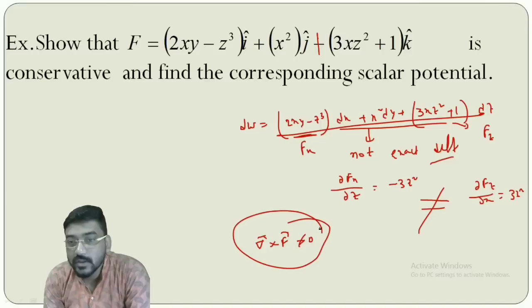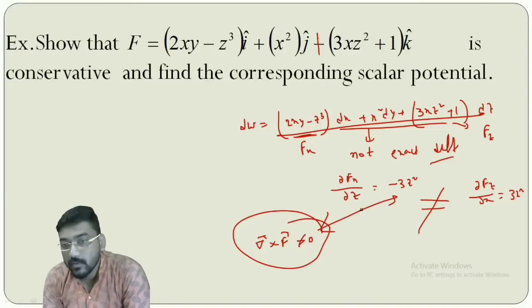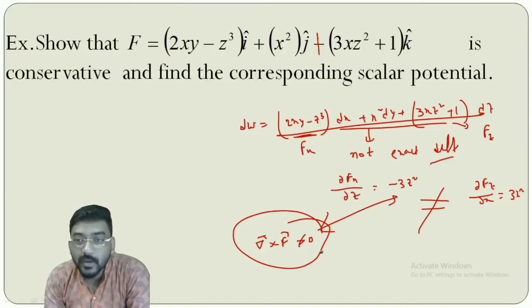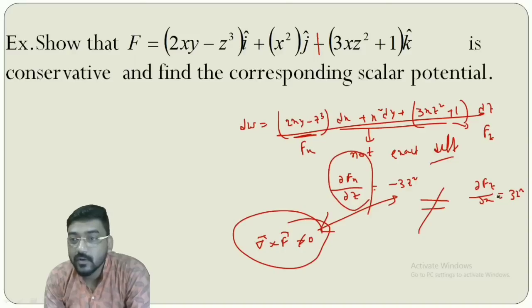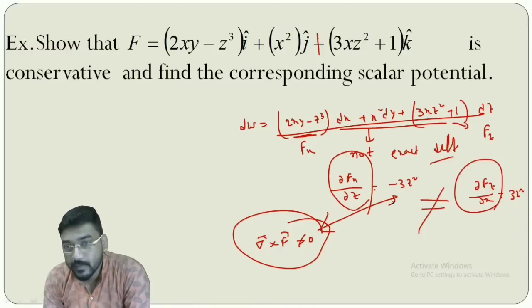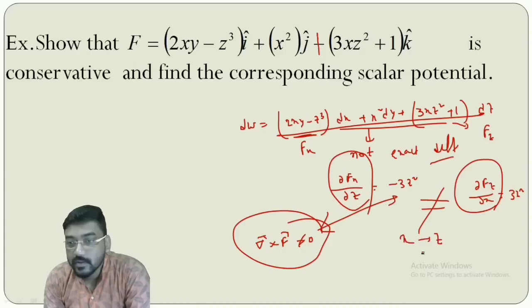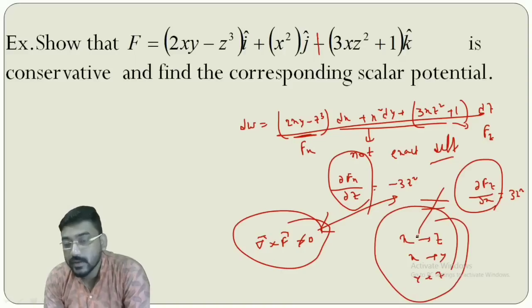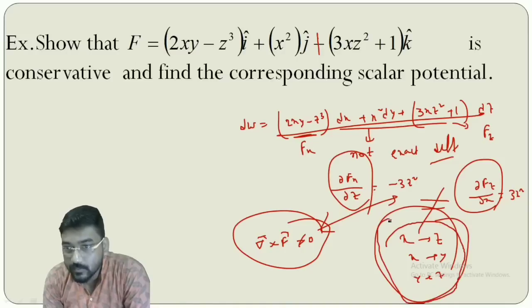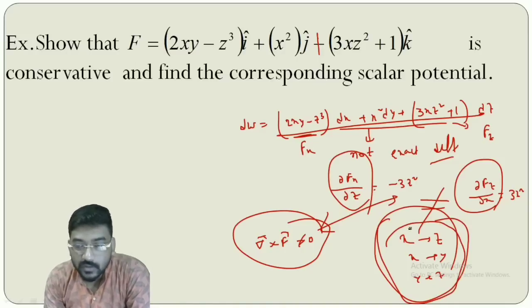So these are the consequences, vice versa. If curl of f is equal to 0, then the differential will be exact, but if curl of f is not equal to 0, then it will not be. There are three sets of equations: xz, xy, and yz.